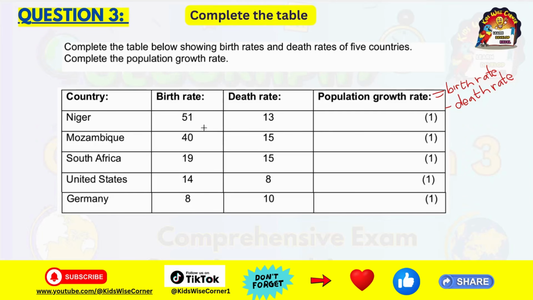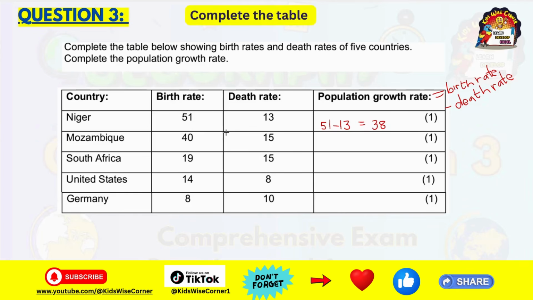So for Niger, we know the birth rate is 51 and the death rate is 13. So the population growth rate for Niger will be 51 minus 13, which equals 38. So the population growth rate for Niger is 38.